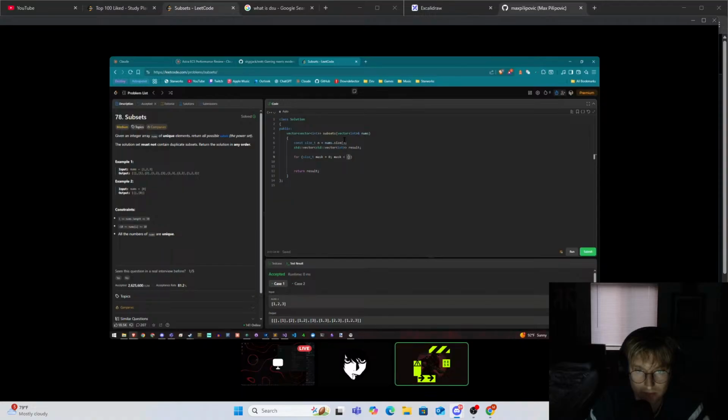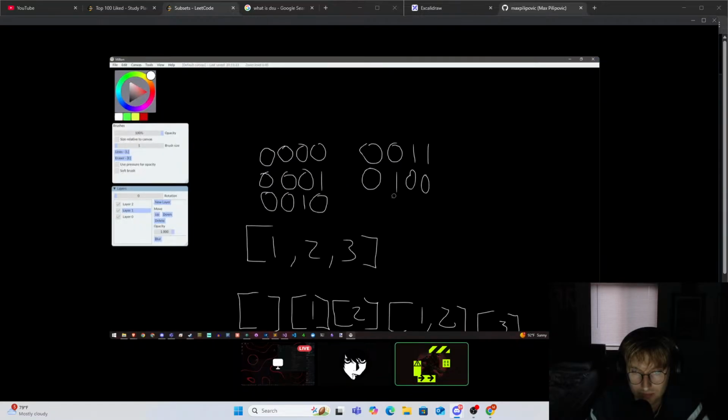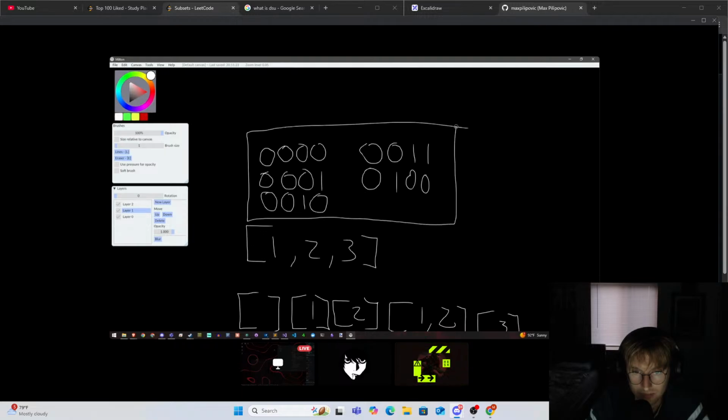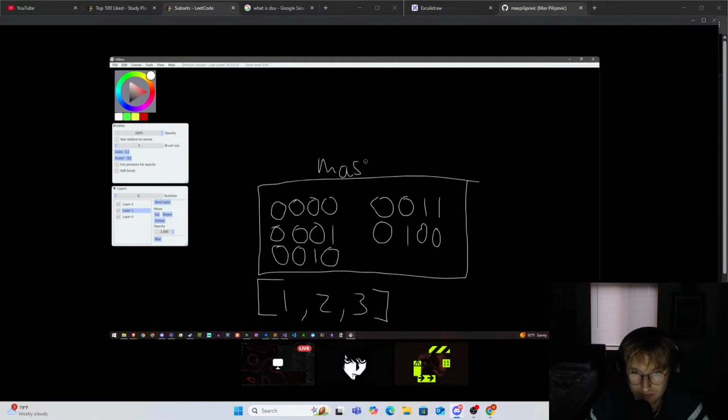So the amount of subsets is 2 to the power of n, aka 1 shifted over n times. Yeah. Because that's, yeah, I understand that. Okay. And then you'd increase your mask. So then this is going to be our binary number here. Yeah. This is the mask.